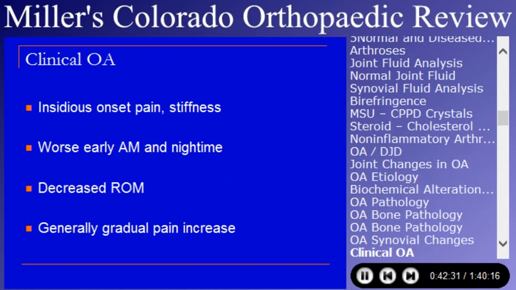Clinically, there is an insidious onset of pain and stiffness. It tends to be worse early. People tend to get better some as the day goes on, at least early into the disease, and it gets worse again at night. There is a decreased range of motion and an unpredictable but generally gradual increase in pain as time goes by.